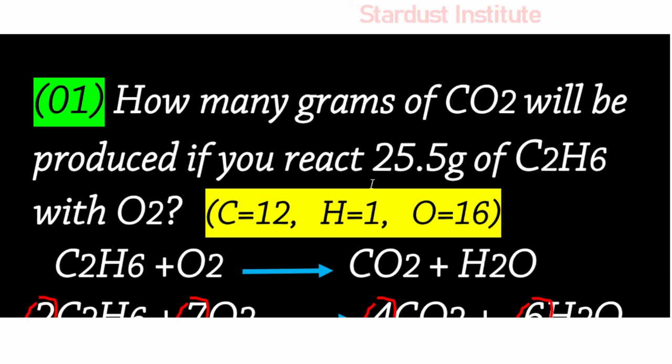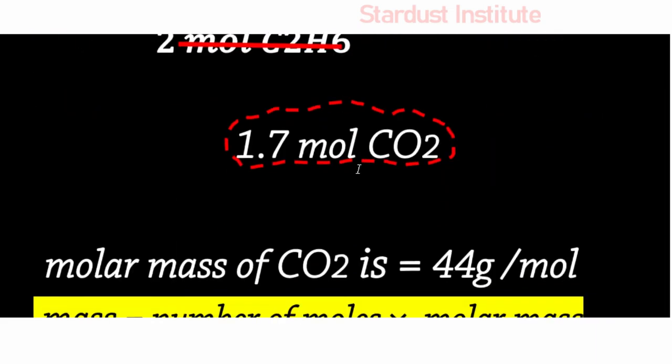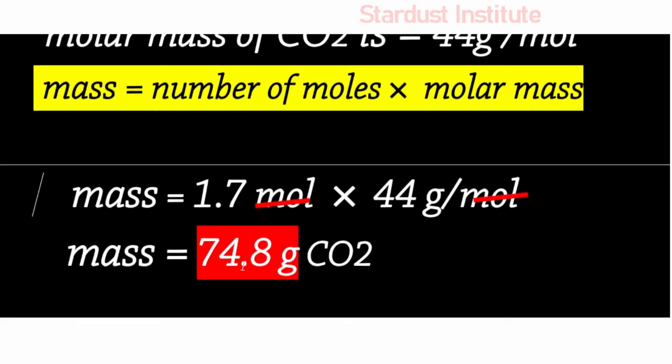If you react 25.5 grams of C2H6 with O2, we can produce 74.8 grams of carbon dioxide. This is the main answer.